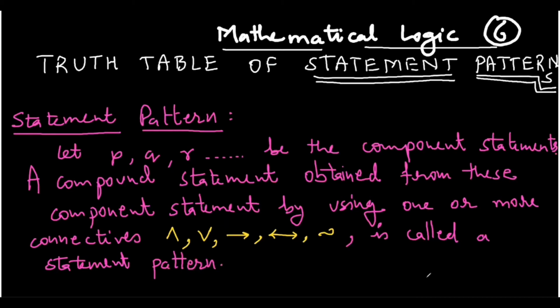Okay, so if I write examples of statement pattern, for example, see here, I can have P and Q, double implication R. See, this is a statement pattern.